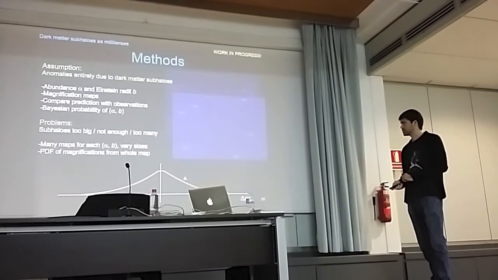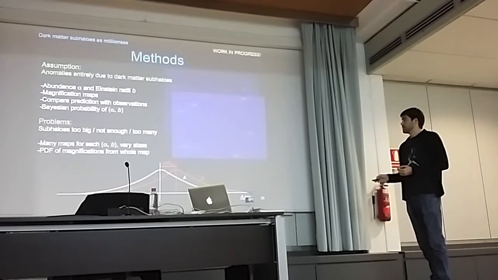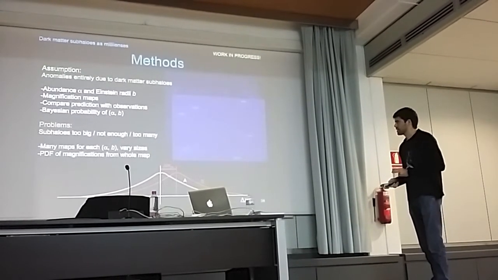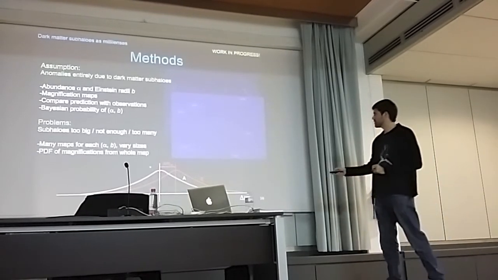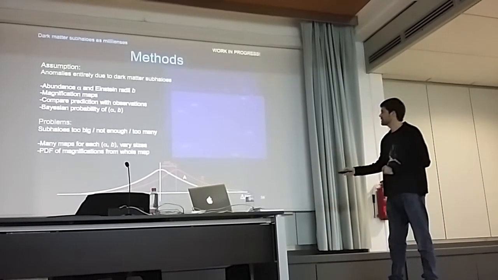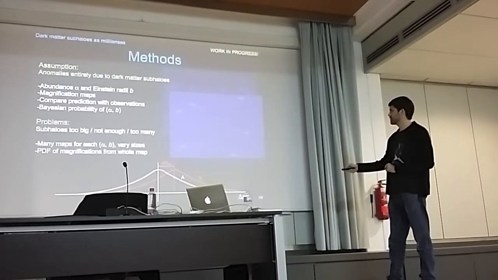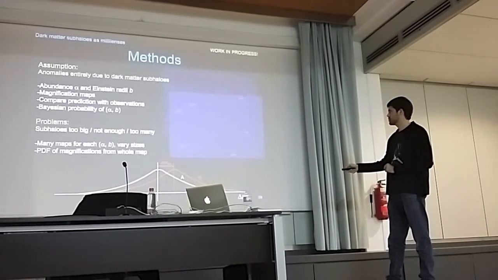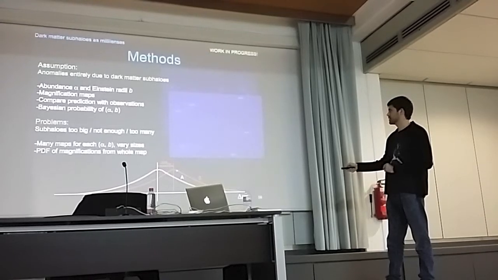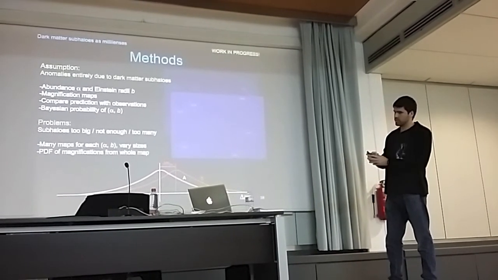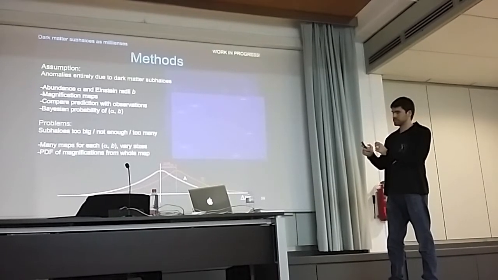What we do is we have a measured flux anomaly between the two images. So for each pixel of one map that is demagnified, or if the anomaly goes in the other way, we reproduce the actual flux ratio observed.